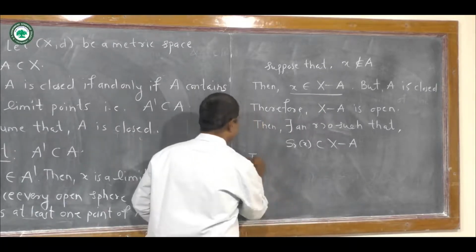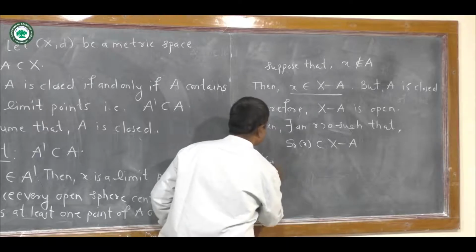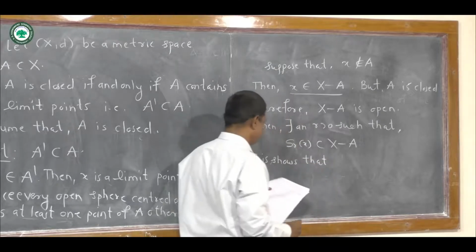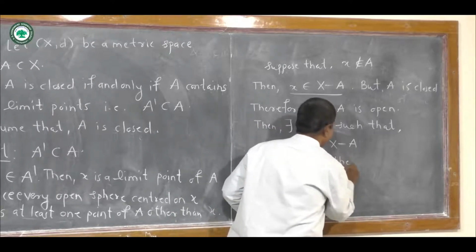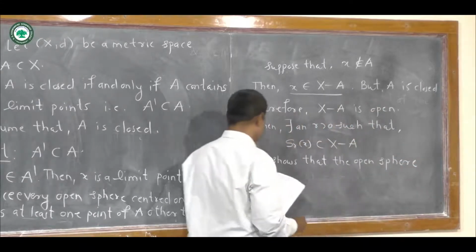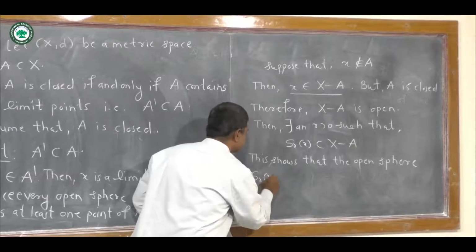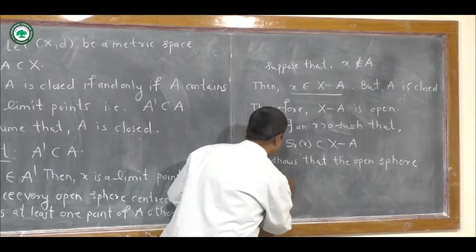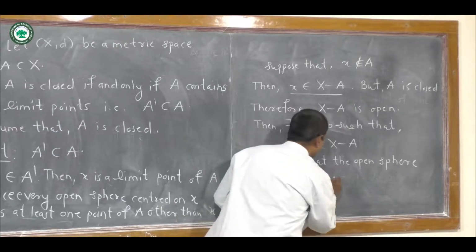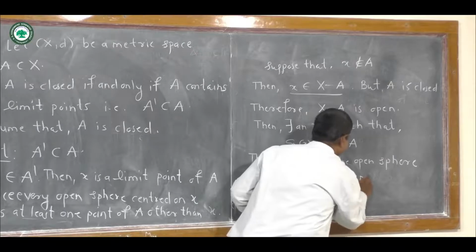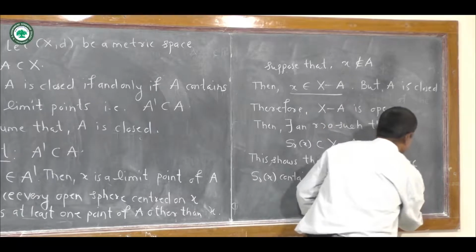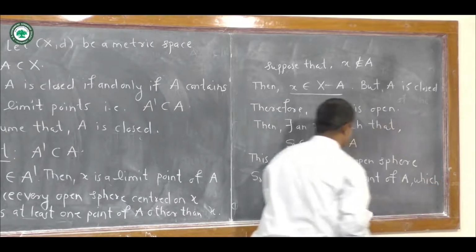So this shows that the open sphere S_r(x) contains no point of A, which is a contradiction.